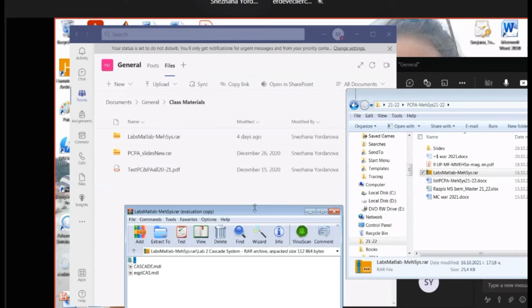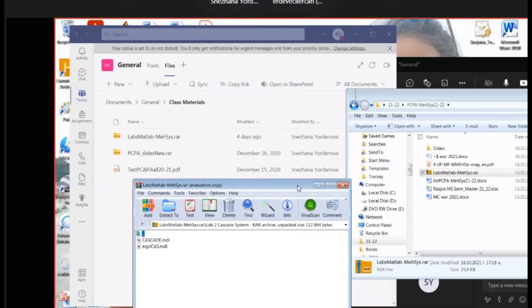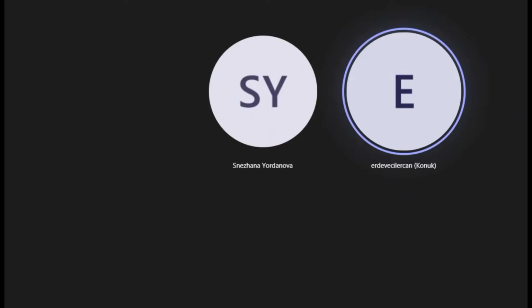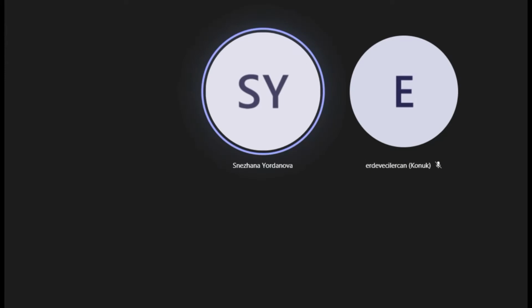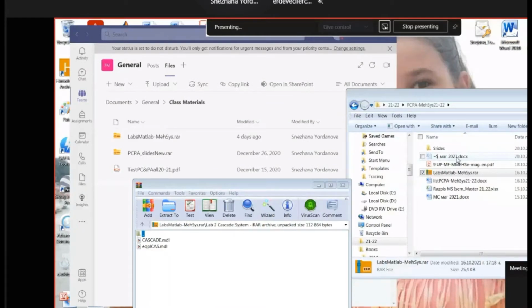On the screen, I shared the screen. Don't you see my screen? Do you see Labs MATLAB archive open? No, I can't see anything. Only the list. The list only. Yes, this is the archive. I connected my screen again. Any difference now?